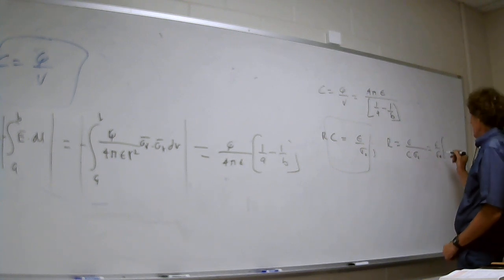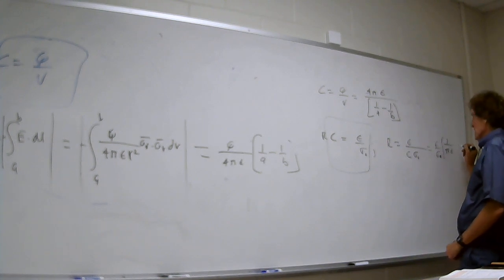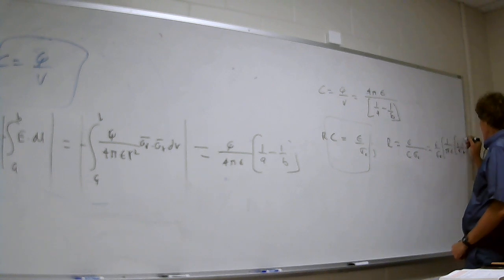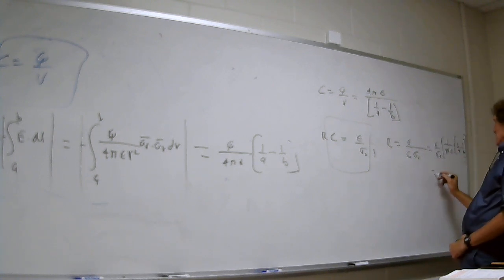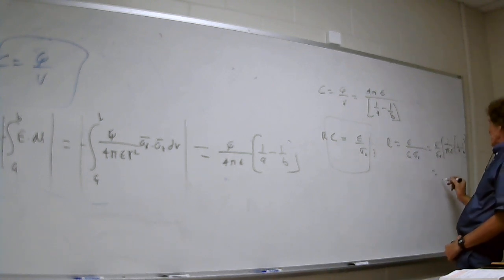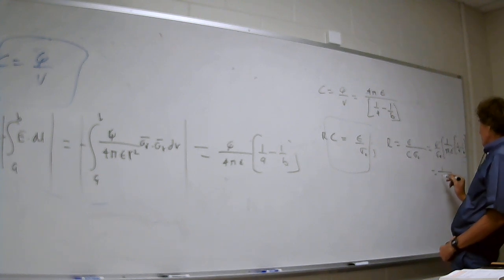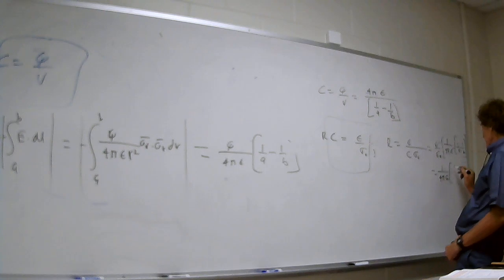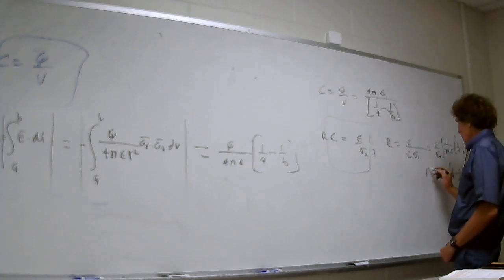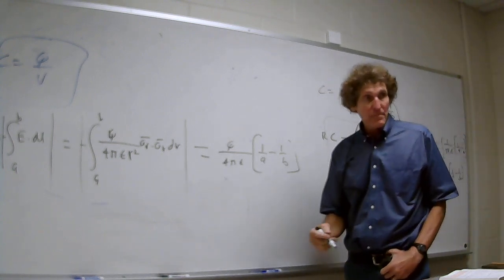That's 1 over 4 pi epsilon times 1 over A minus 1 over B. Do y'all see this, class? The epsilons cancel, and I get 1 over 4 pi sigma naught times 1 over A minus 1 over B, which is exactly what we did before.